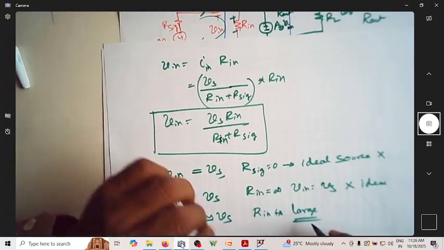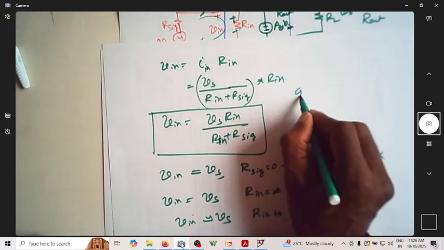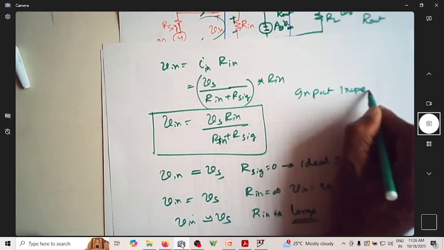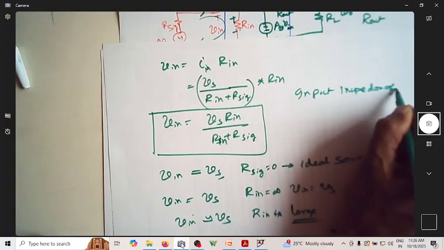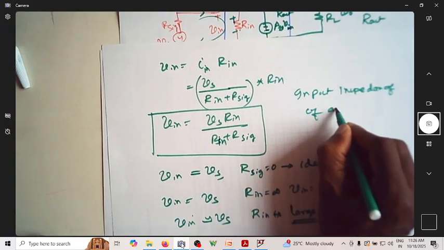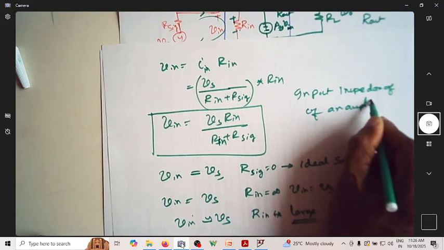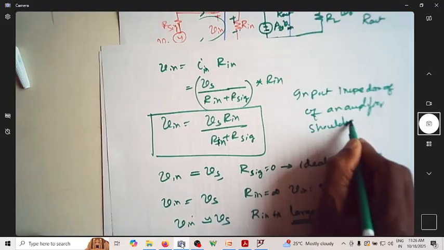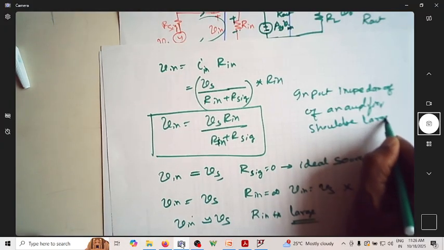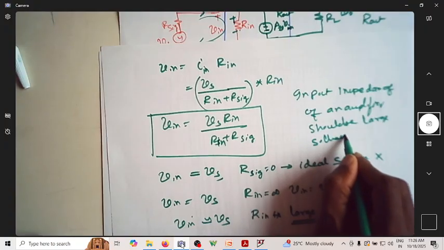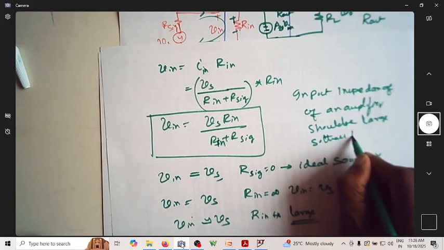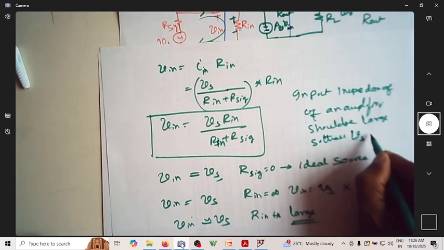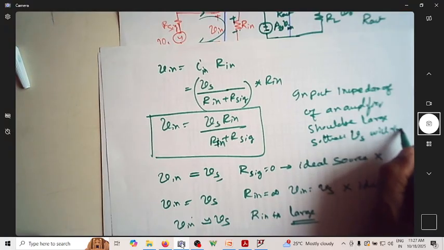That's why the input impedance of an amplifier should be large, so that the entire source voltage Vs will reach here.